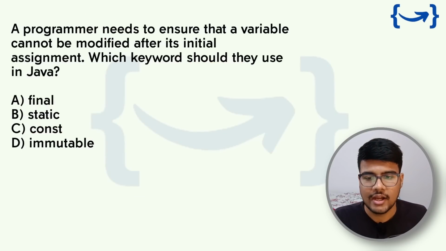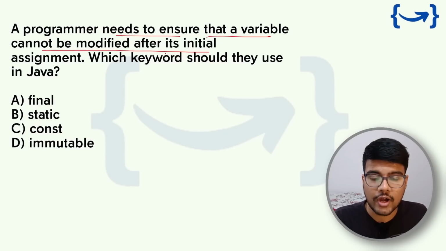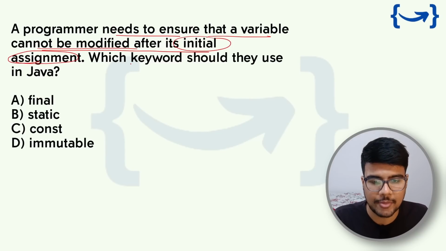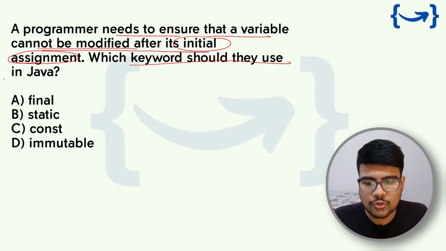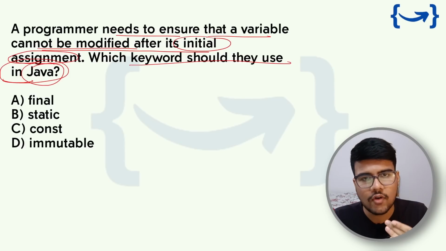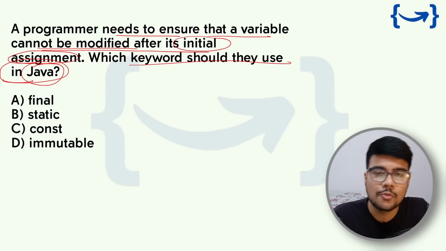A programmer needs to ensure that a variable cannot be modified after its initial assignment. Which keyword should they use in Java? I personally experienced that it is not specific to any programming language. They can ask you from Python, Java, C++, OOPs in Java, OOPs in C++.